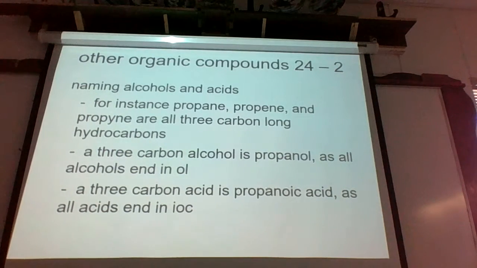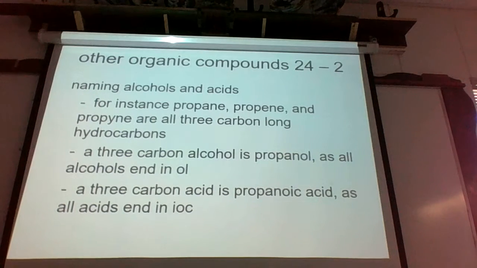Okay. Now, one question on your paper, and for those of you who didn't know, you just do the right thing and you ask: propyl chloride or chloropropane. Okay? Is that a different category of organic chemistry, do you think? Is that a different family?